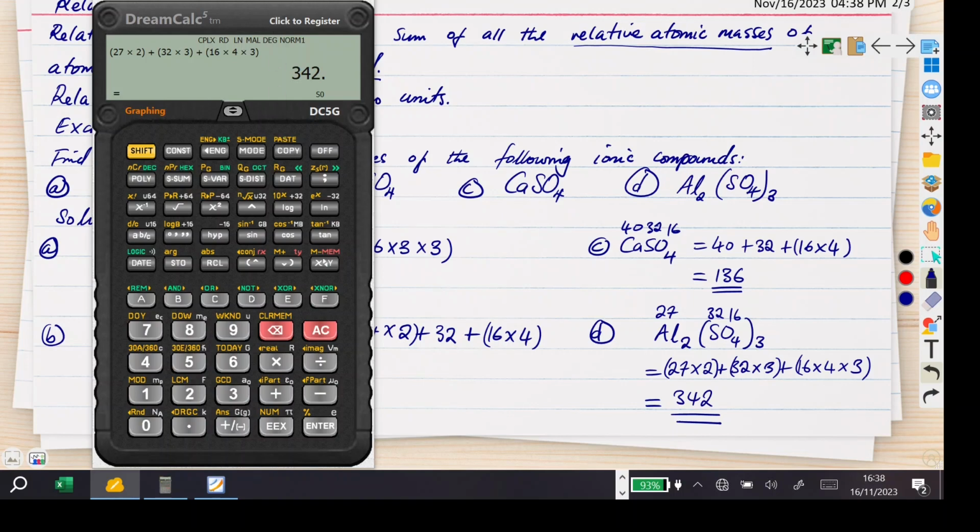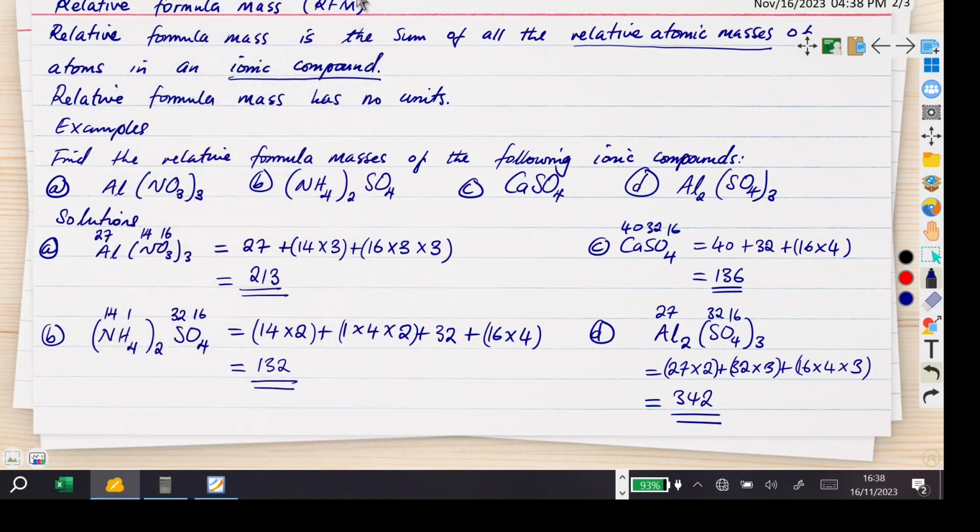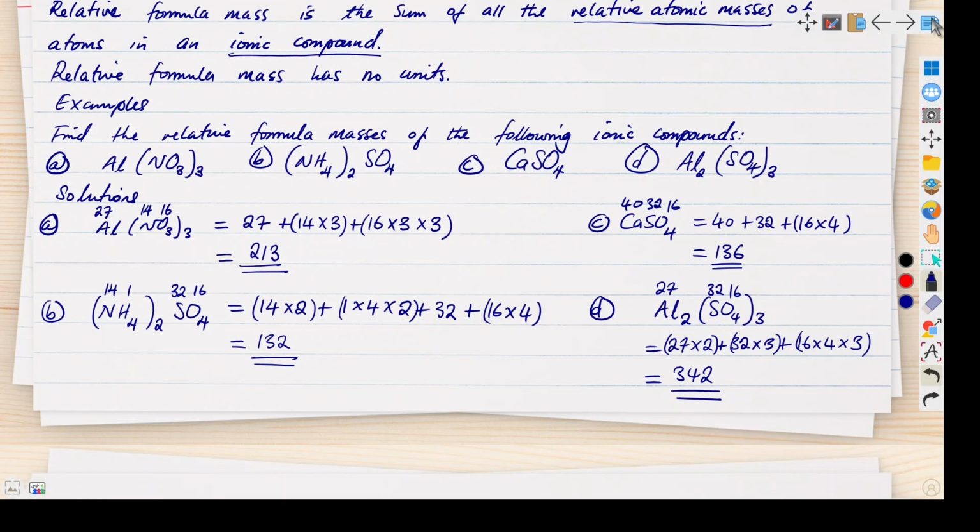Then another concept we use: relative formula mass. For ionic compounds, it is called relative formula mass. But for covalent compounds, we call it relative molecular mass.